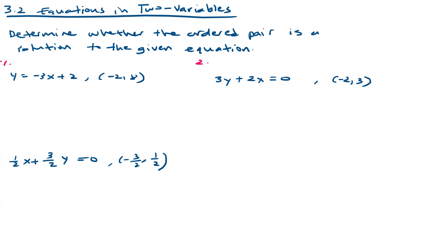And the pair that they give us is negative 2, 3. And then for the last one here, we have 1/2 x plus 3/2 y equals 0. Same thing, we need to determine whether the ordered pair is a solution to the given equation. Okay, so go ahead and try that and see what you get.